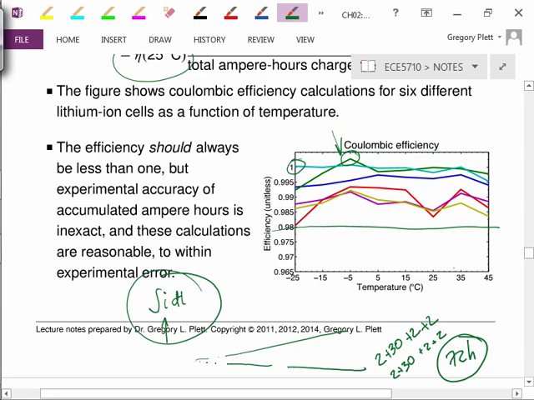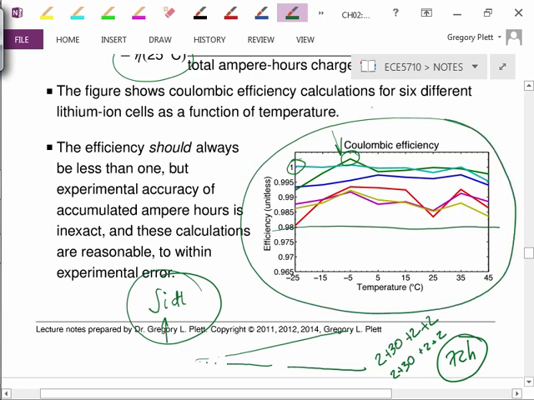I find that these tests take on the order of 1 week per temperature per cell that I'm working on. And so if I've got 1, 2, 3, 4, 5, 6, 7, 8, in order to get the data for this picture here, that took 2 months. 2 months of real time in order to get that data. So you don't want to redo this too many times.